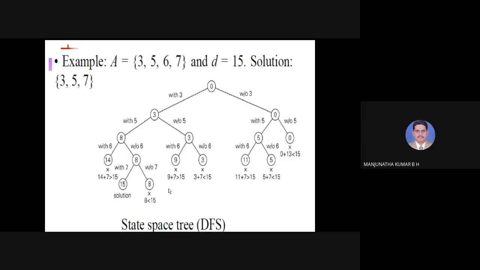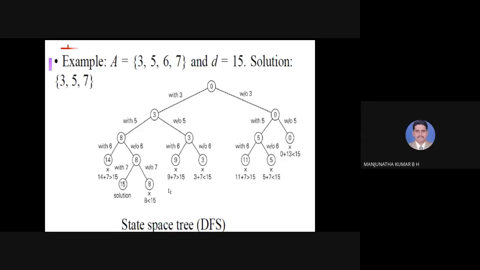If I add 3 into the subset, then the sum becomes 0 plus 3, 3. You can observe in the left subtree, the very first child is 3. Why? Current sum is 0 plus 3, it is 3. Now continue this path with 5. If I add 5 to the subset, then the sum becomes 3 plus 5, 8.